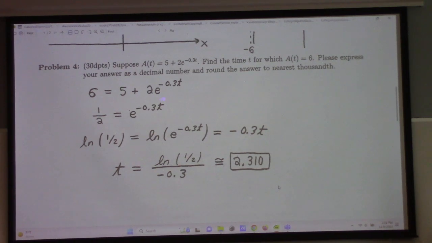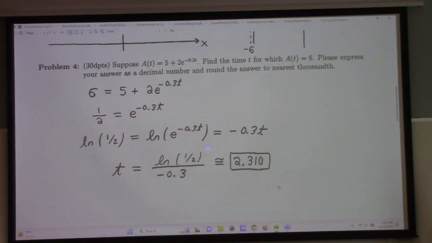I don't think I did a lot like this yet, but it's pretty simple. You subtract 5 to the other side, which gives you 1, and then divide by 2, which gives you a half. So goal number 1, isolate the exponential. Once you've isolated the exponential, we can take the natural log of this equation. It gives me natural log of 1/2 is natural log of e to the minus 0.3t, but natural log and e are inverse functions, so this simplifies to minus 0.3t.